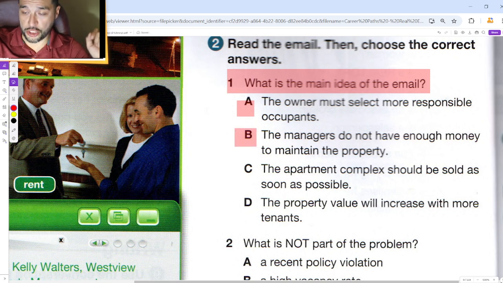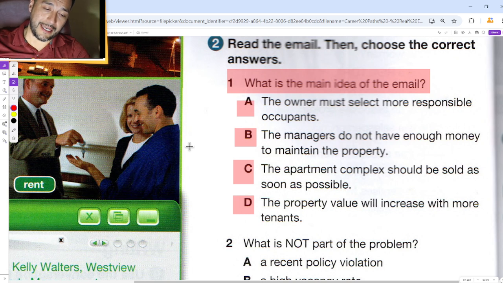The managers do not have enough money to maintain the property. The apartment complex should be sold as soon as possible. The property value will increase with more tenants. What do you guys think? A, B, C, or D?